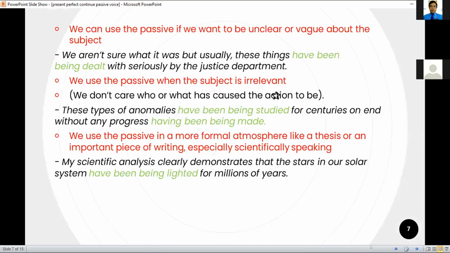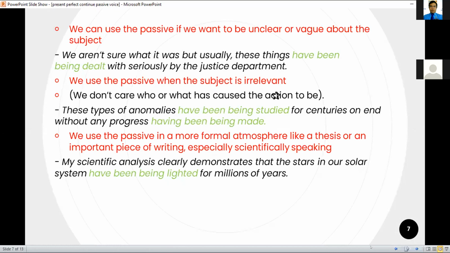And point number 4, we can use the passive if we want to be unclear or vague about the subject. So when we want to be unclear, we can use a passive voice or the present perfect continuous passive as well.